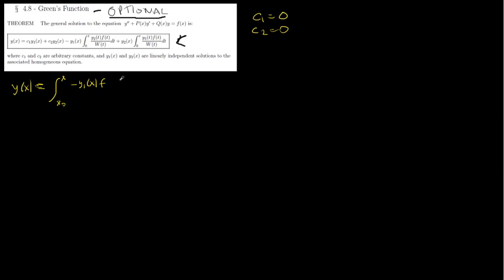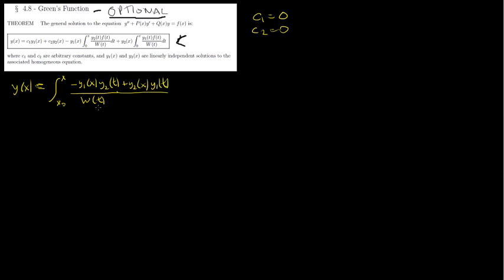Oops, sorry, not f of t yet. Y2 of t divided by the Wronskian W of t. And then likewise, you can also bring the plus y2 of x inside times y1 of t.